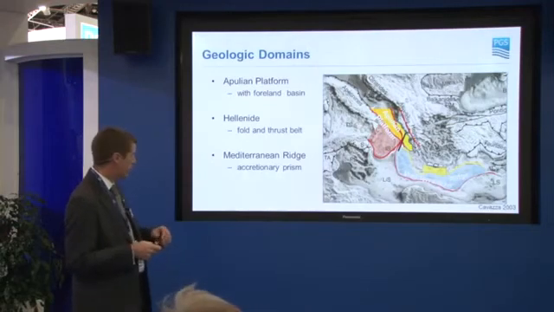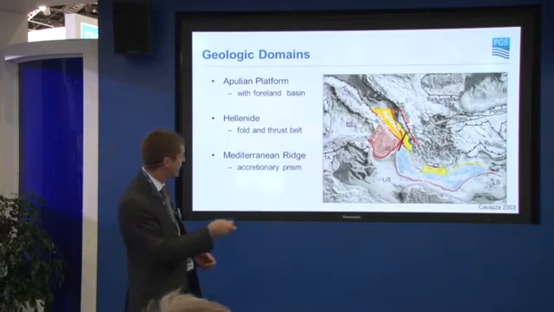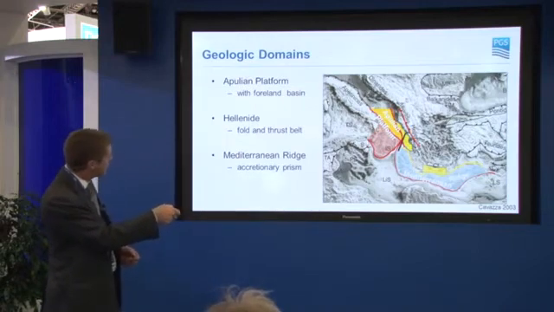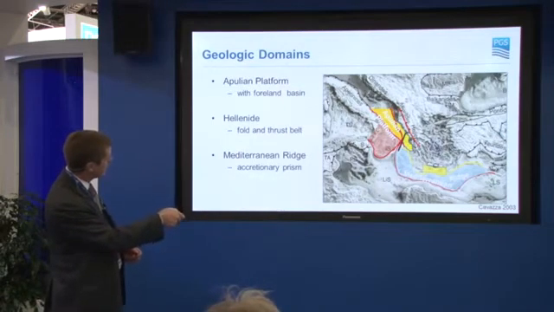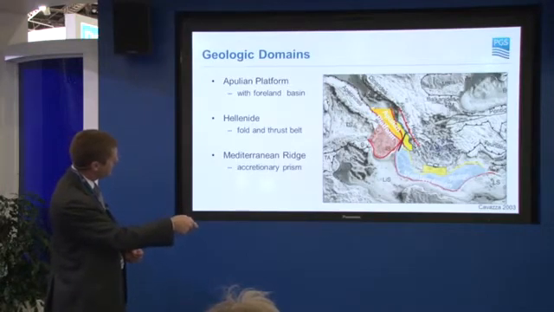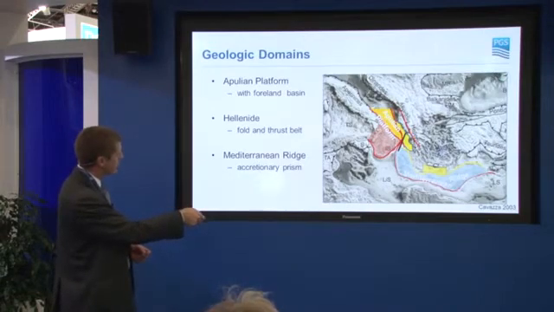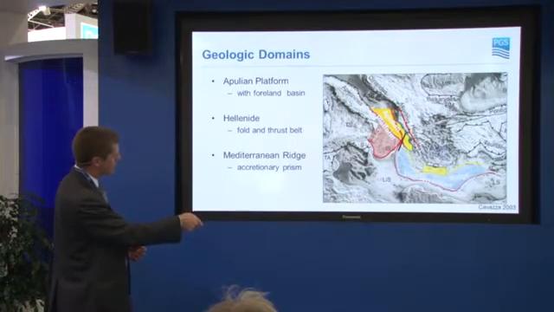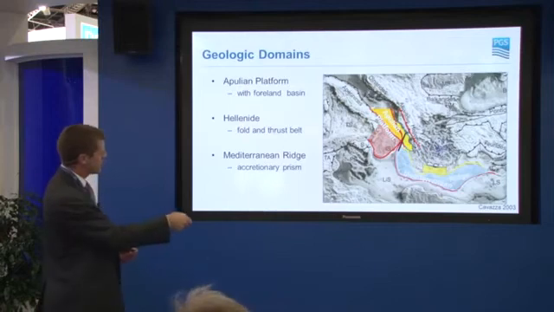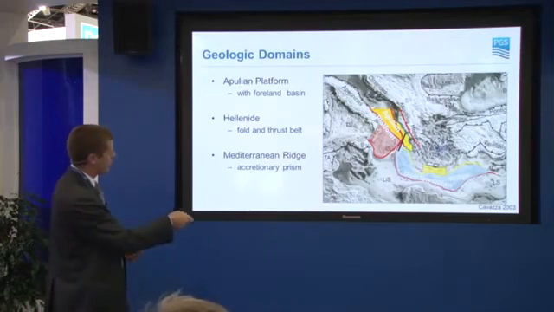So here's a little overview of the geologic setting. The Hellenide and Greek alpine activity has been pushing down to the southwest, and the speculated oceanic crust has been subducted underneath this as a result of this collision, this interaction.